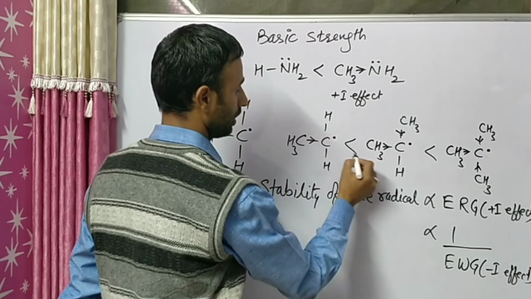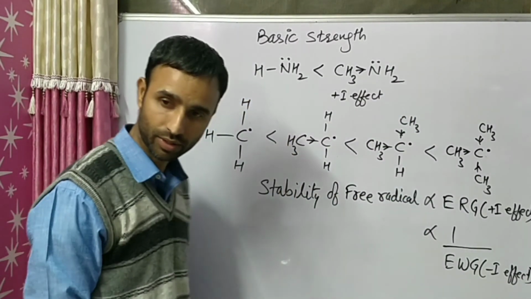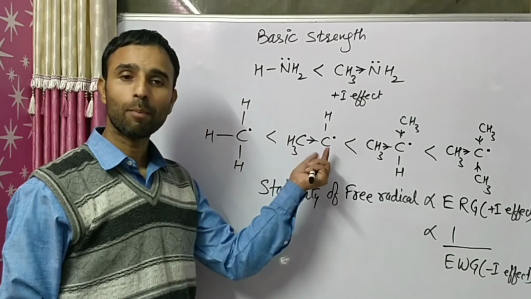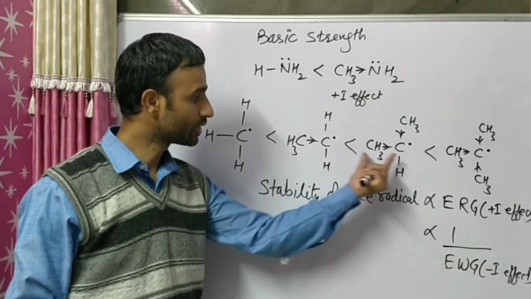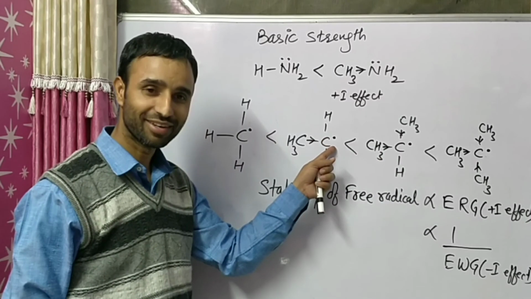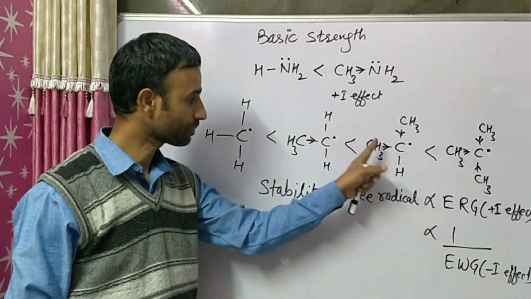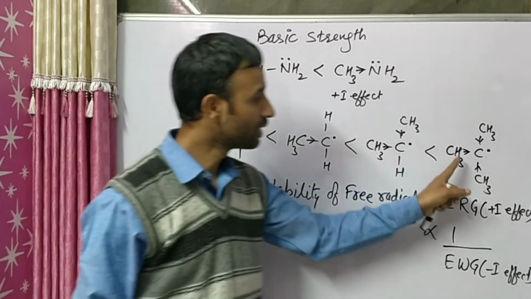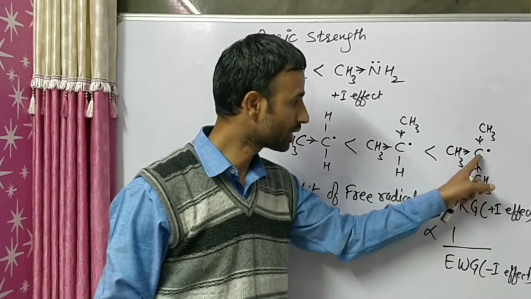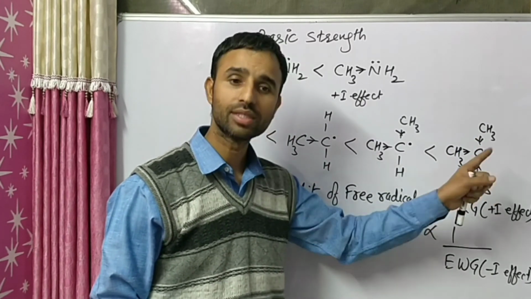So the order is like this. Okay. This is also called primary. This is secondary free radical. Primary free radical, secondary free radical, tertiary free radical, because 3 carbons are attached to the free radical.